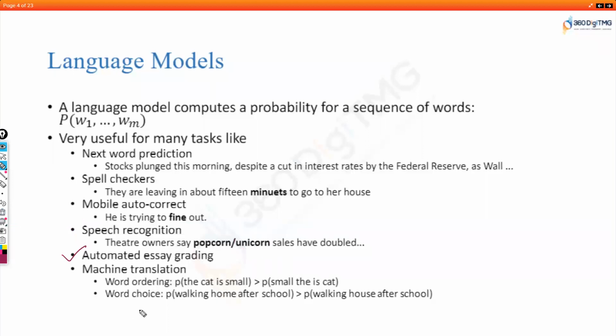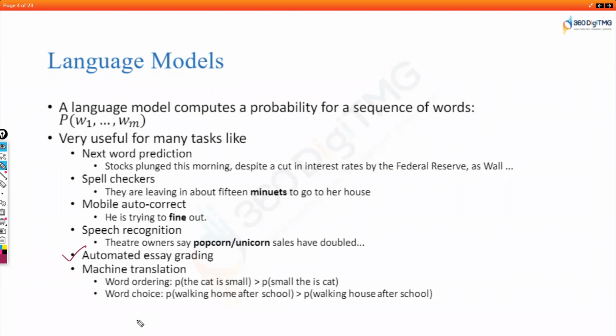And within automated essay grading, if you write any of the entrance exams to go for your master's, such as GMAT or GRE or IELTS or TOEFL, you'll also have to write essays. When you write essays, those essays will be automatically graded.